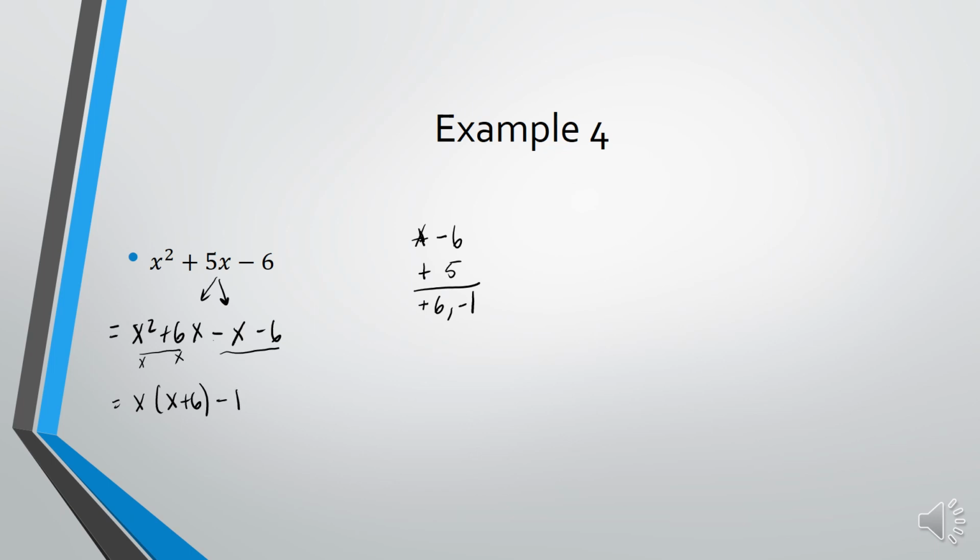I'm factoring out a negative because I had a negative in front of x. And that should leave me with x plus 6 again. The x plus 6 repeated, so that's what I pull out next. And when I pull that out, I'm left with x minus 1. So I factored this as x plus 6 times x minus 1.